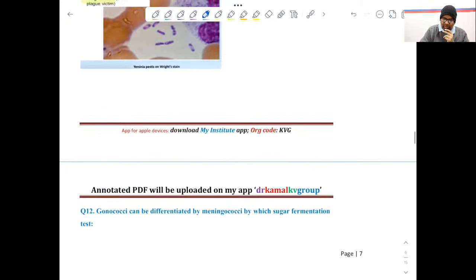Then moving forward, a very important thing, like Gonococci can be differentiated from Meningococci by which sugar fermentation test? Now there are two sugars, glucose and maltose, right? So remember G for G here, right?